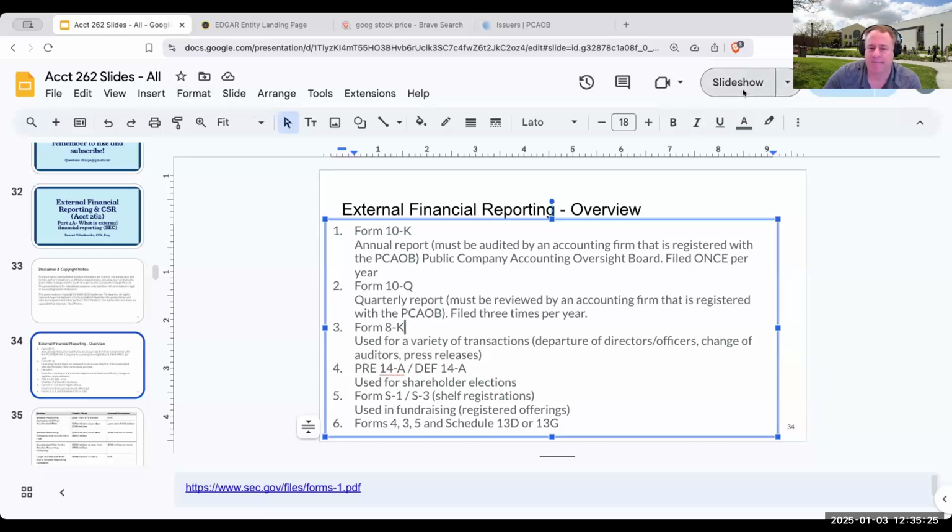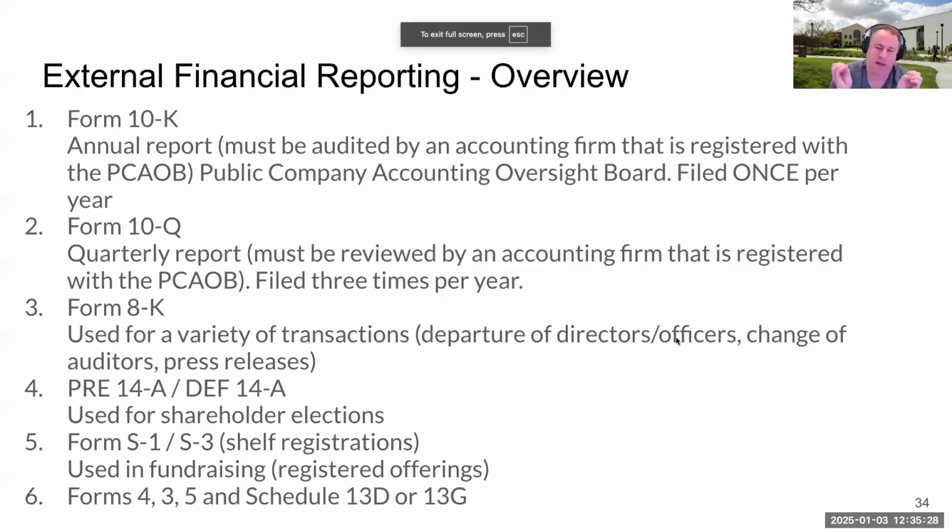One of the things I want you to think about is that when we do public reporting, if I, as a CFO or CEO, talk with one investor about non-public information that could be used by that investor or anybody else to trade in the stock, that is something called insider information. And we do not want to be engaged in doing that.